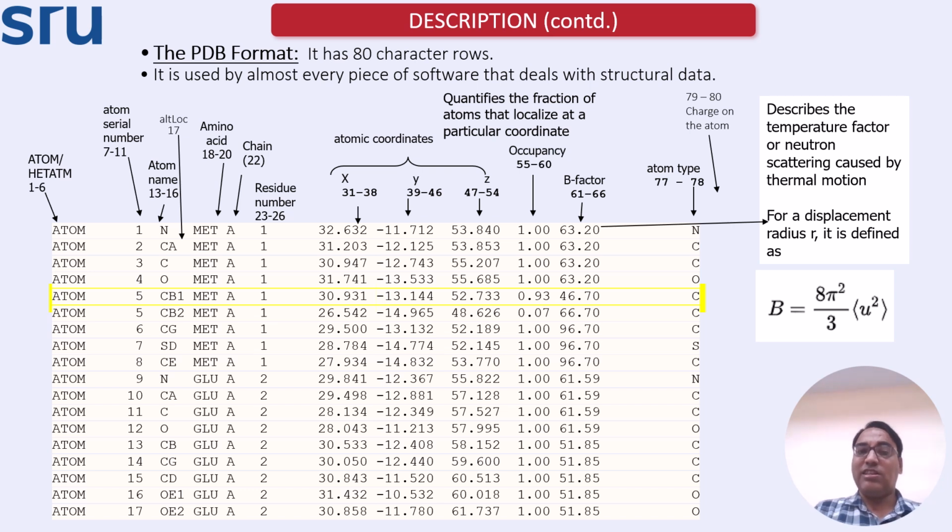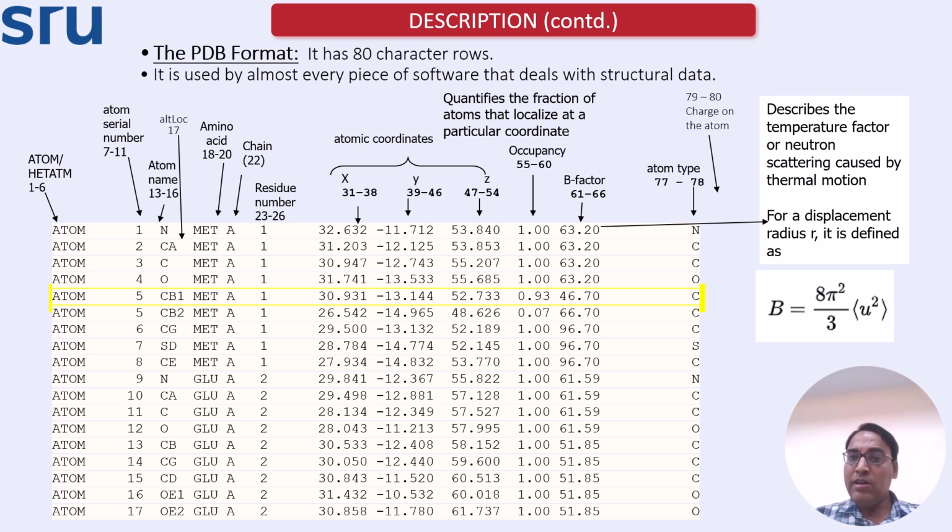Understand that this is the initial data given by the system. Many kinds of analysis automatically take the higher occupancy part, but if it is not considered, you need to manually delete the second line, C beta 2, because the occupancy is less.